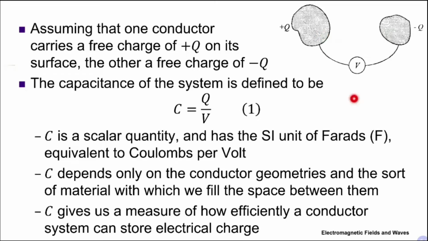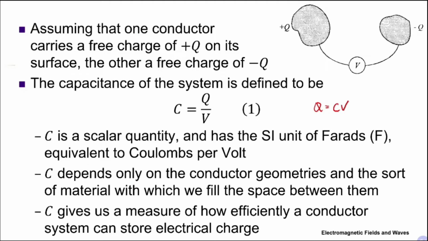So the definition of capacitance for these systems, C, will be equal to the charge divided by the potential difference. C equals Q over V. Okay, so this is our first equation, our definition of capacitance, or Q equals CV.